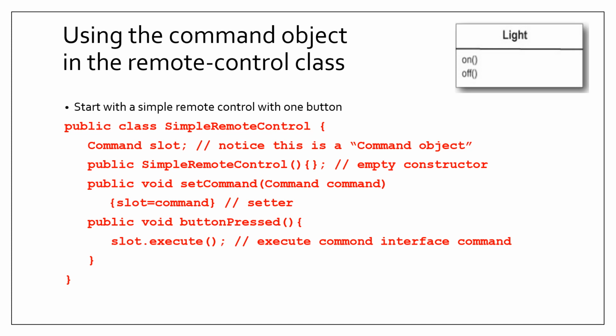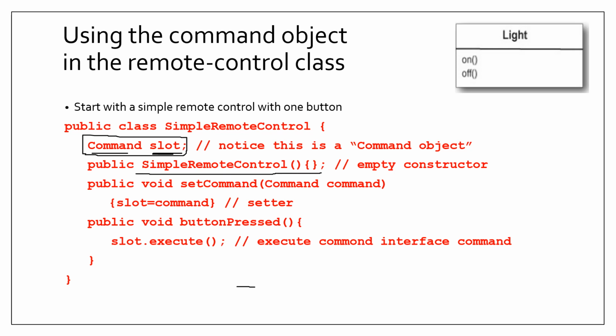Here's our simple remote. Now, this one is a simple remote control. In your Head First book, you'll see one that has multiple slots, but this gets the idea across very well. First of all, we have a command slot, and this is where we're going to drop our command object. This is a command object, and it's one of the slots on our remote control. And this is our constructor for the simple remote control, and nothing happens in it.